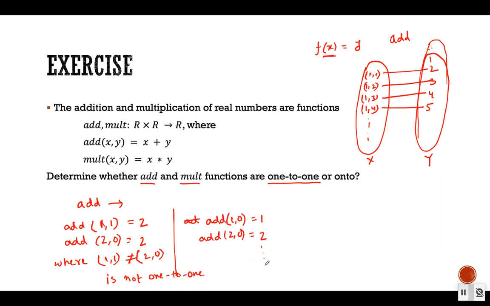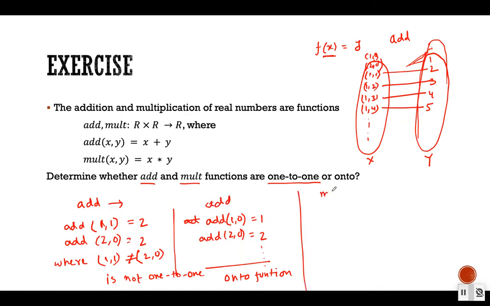If I add a value with 0, then I can generate the same number. That means every output is possible by adding that number with 0, so there will be at least one arrow to every output. So the addition is an onto function.